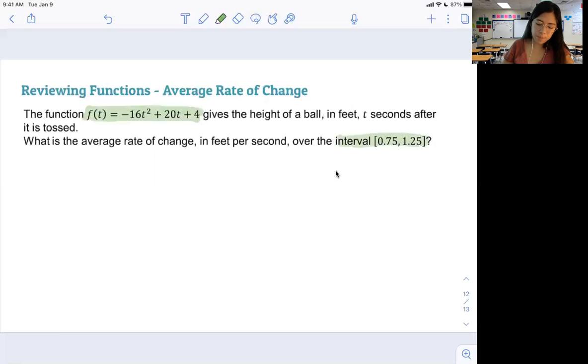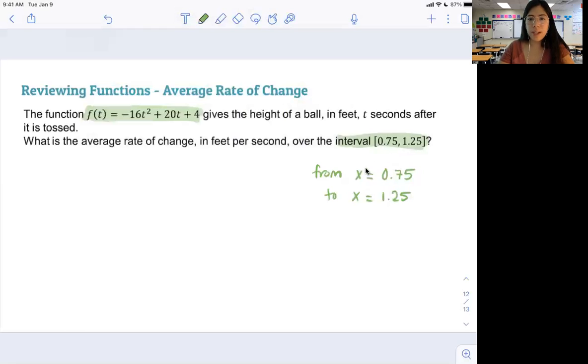So this is an interval right here. This is not a coordinate point. This is just telling me that I'm going to go from 0.75, and specifically, remember, intervals are x values. So from x equals 0.75 to x equals 1.25.